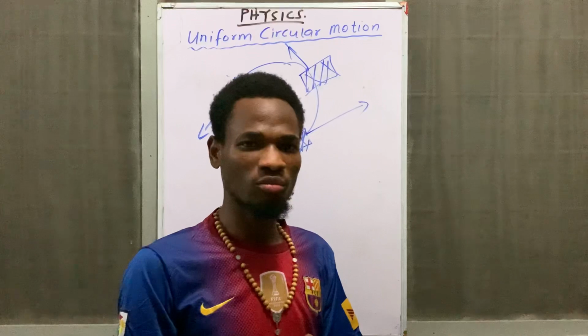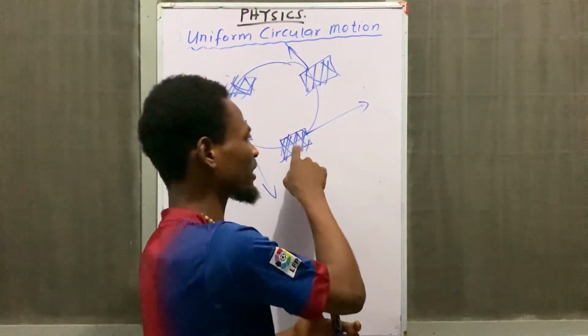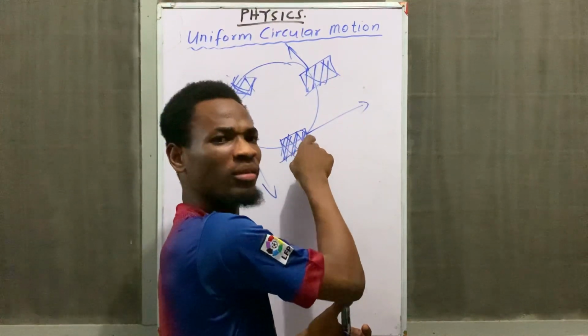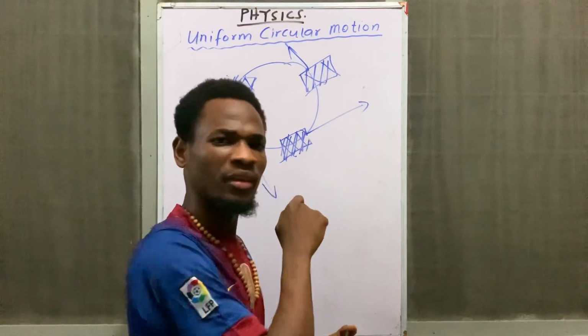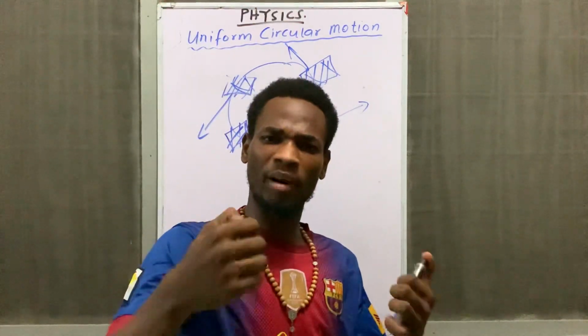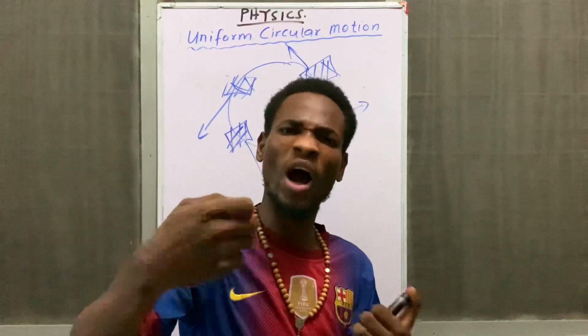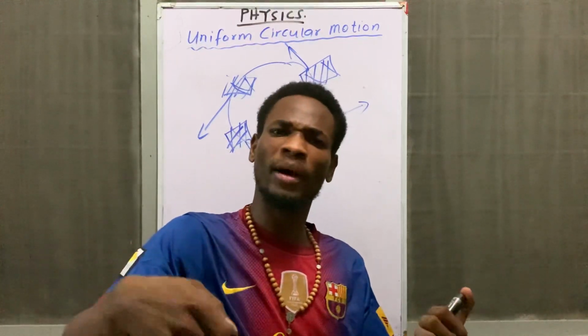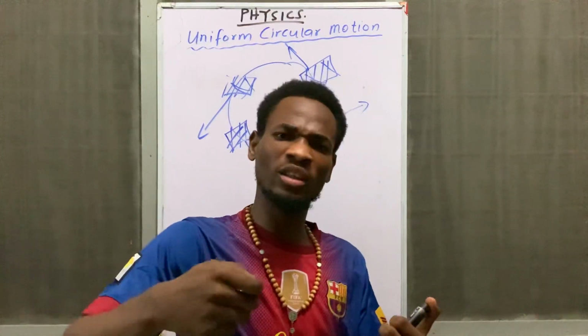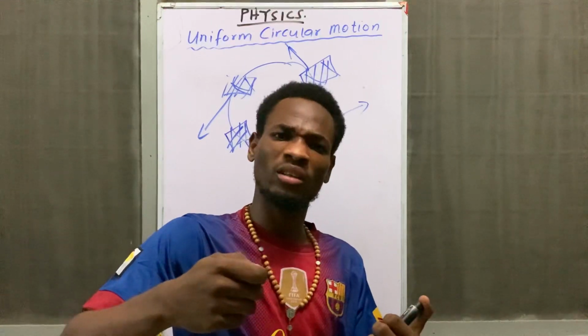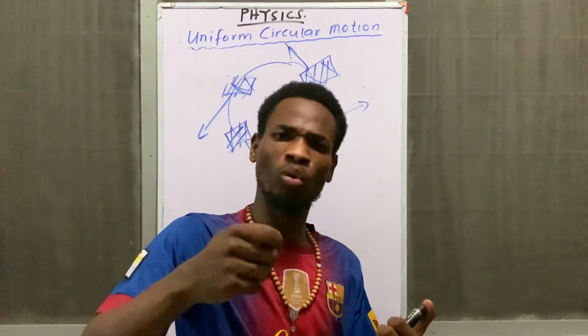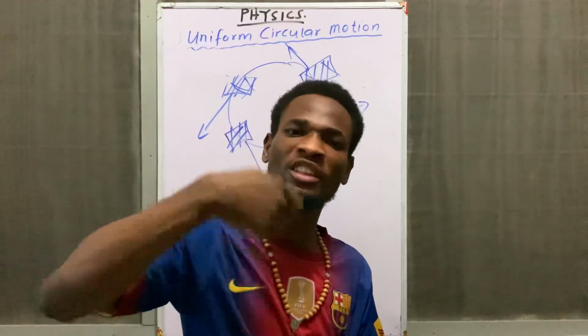So now you can say that as a body is performing circular motion, the velocity attained by the body keeps changing. Why are we saying the velocity attained by the body keeps changing? The velocity of the body keeps changing along the curved path, all because the direction keeps changing.